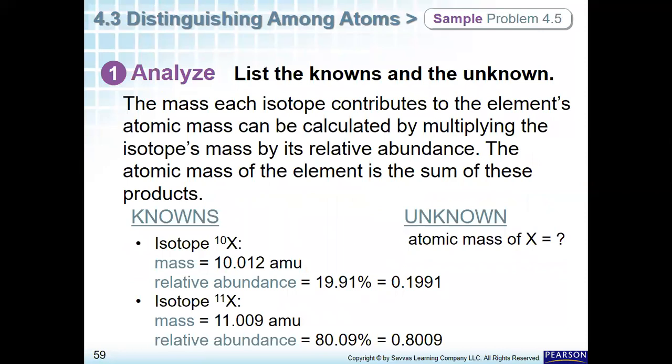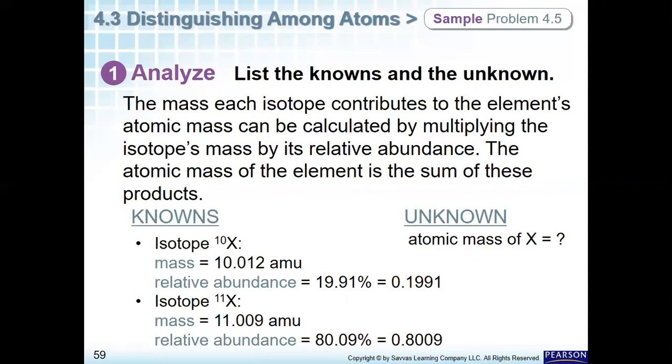So here I have to multiply the mass of each isotope times its relative abundance to get the average mass contribution of that isotope, and by the end I will add them together. The first one is 10.012 AMU times its percent in decimals, 0.1991.